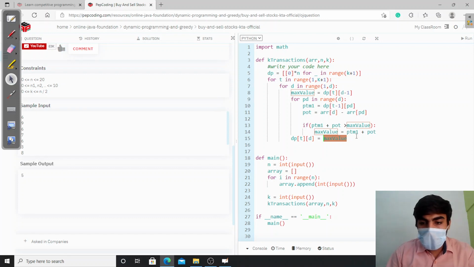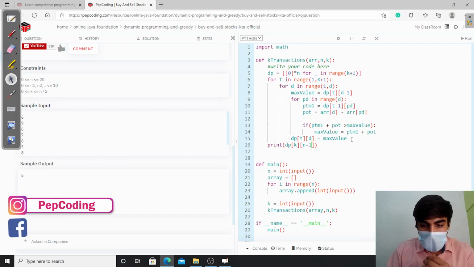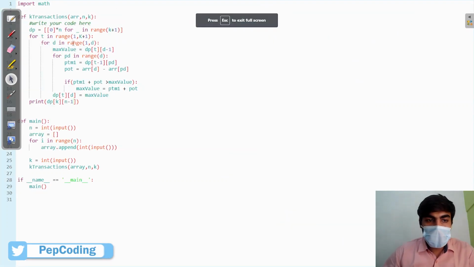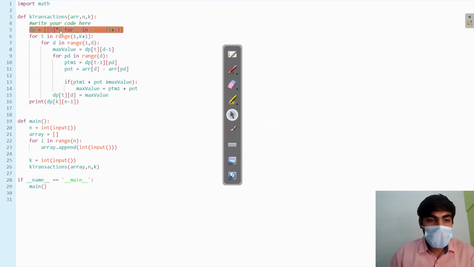At the last, I am printing the value: print dp of k and n minus 1. So I will explain again what I am doing here. I am creating a 2D dp array, then iterating over all the transactions first, then in each transaction iterating over all the days, taking the first value, which is the previous day's max profit value.